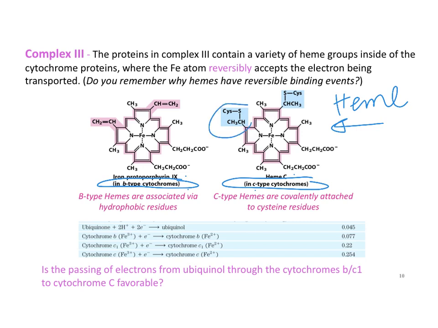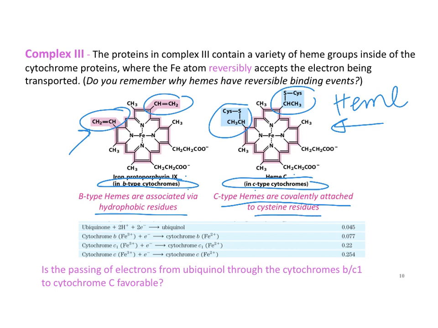And you notice that they have slightly different functional groups coming off of the porphyrin. B-types are associated via hydrophobic residues because these are nonpolar. And C-types are covalently attached to cysteines because they have sulfurs on them. So this is just my reminder that cytochromes have hemes in them, and the different cytochromes have different hemes because they have different functional groups.